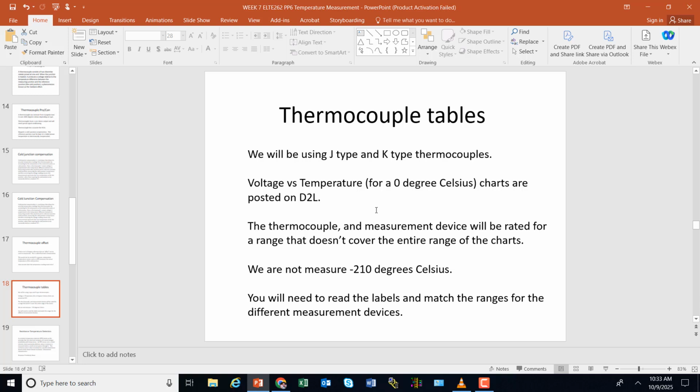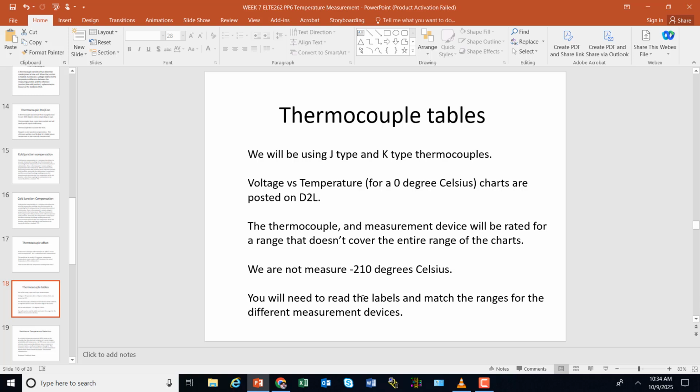For example, these charts are going to have a lot of numbers on them. I'm telling you right now, we are not going to measure anything at negative 200 degrees Celsius in this class, because that's pretty darn cold. We're not going to be doing that. We're just going to be measuring some warm water and some cold water out of the drinking fountain, looking for maybe a range of like 15 degrees.